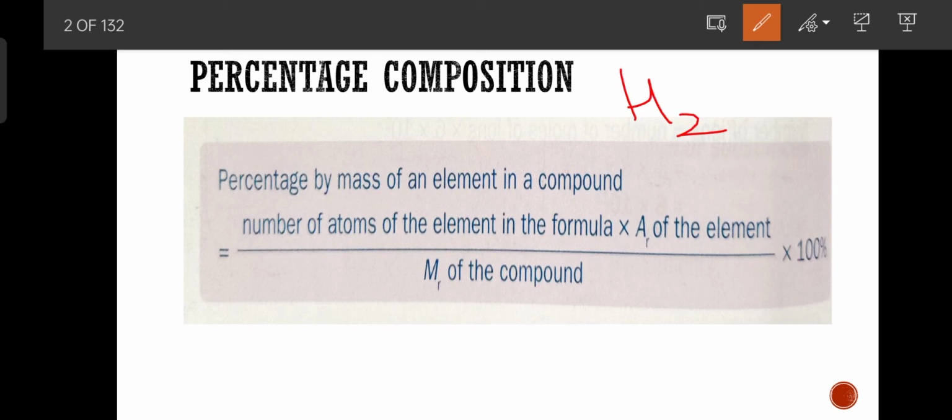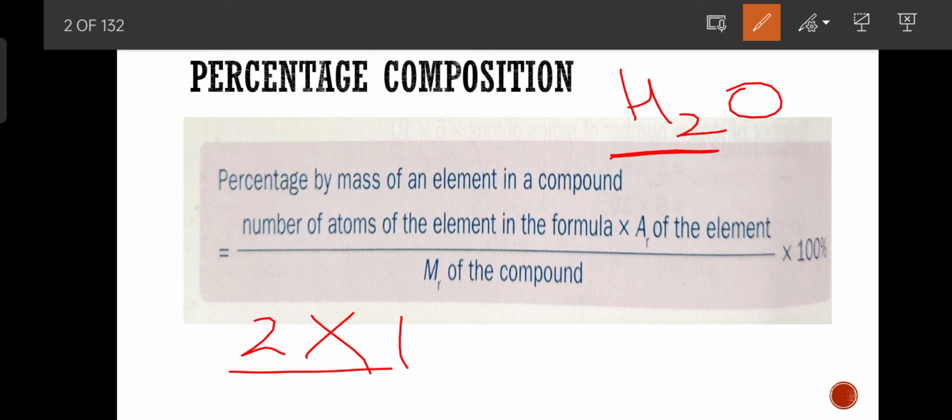Let's take another example. The other compound we can use is water, H2O. Find the percentage composition of hydrogen in water. The element you have to find the percentage composition of is hydrogen. The number of atoms of hydrogen in water is 2. Multiply 2 with the AR of the element. What is the AR of hydrogen? It's 1.